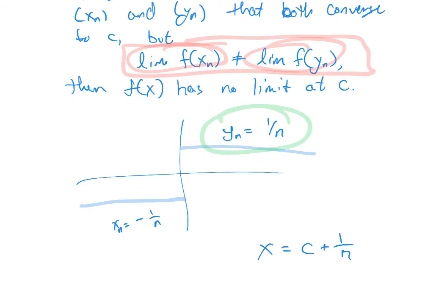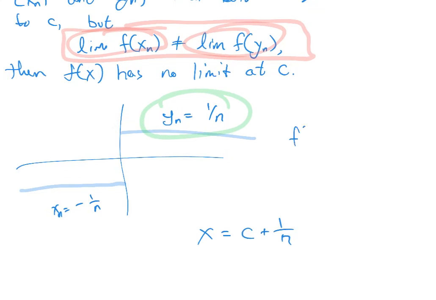And my function was this sign function, so f of x is 1 if x is positive, 0 if x is 0, and -1 if x is negative. Okay, gotcha. So when I'm doing f of xn, I'm getting a constant sequence of -1s, and when I do f of yn, I'm getting a constant sequence of 1s. Okay, good. Any other questions before I do this one last example?